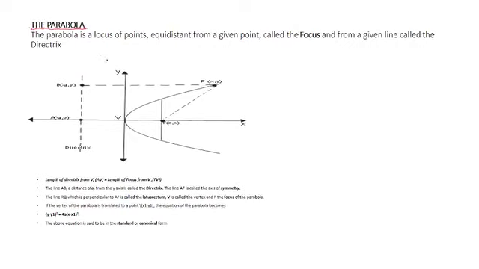Okay, welcome back. Now let's go to what we have right in front of us today, and what we have here is the parabola. Now what is a parabola? A parabola is a locus of a point.